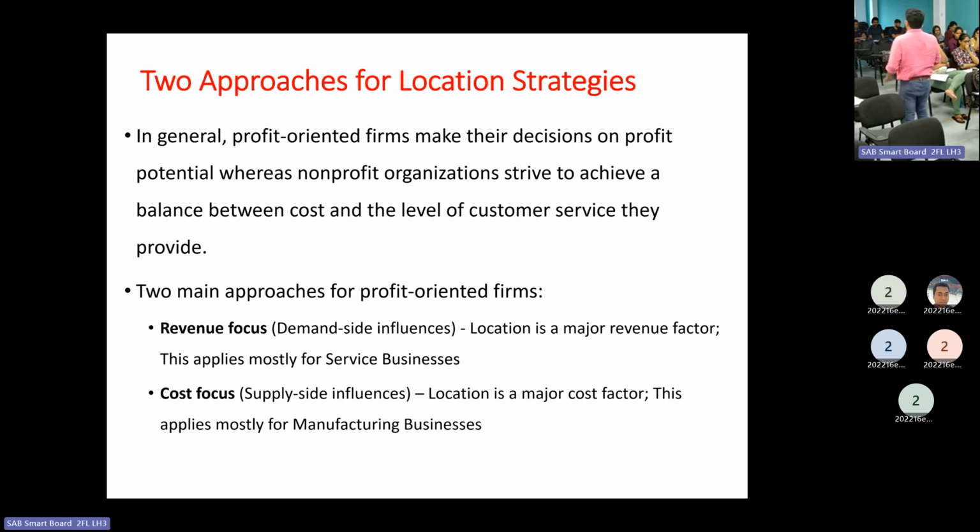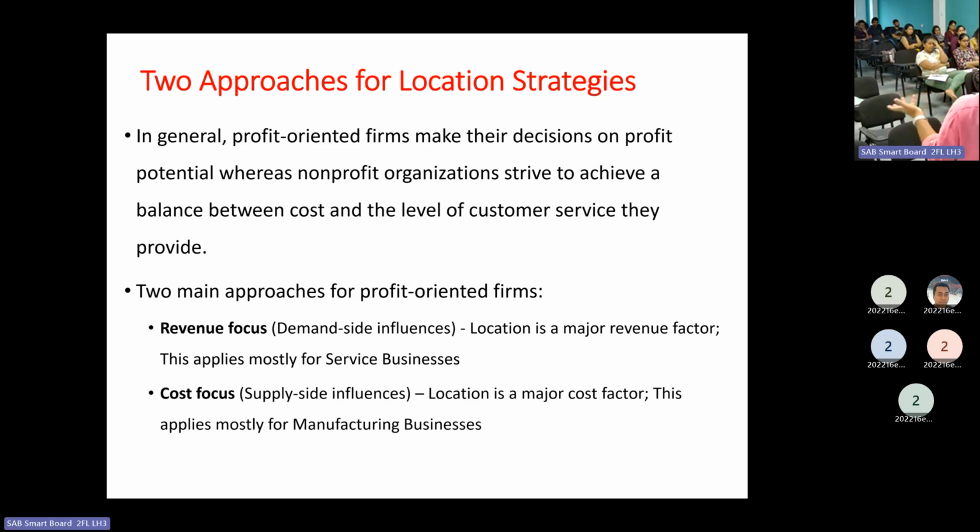So when making a location decision, we can identify two main approaches. For any profit-oriented business, the primary motive is profit. The location decision is also made based on profit concern.